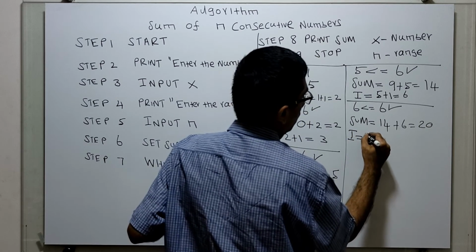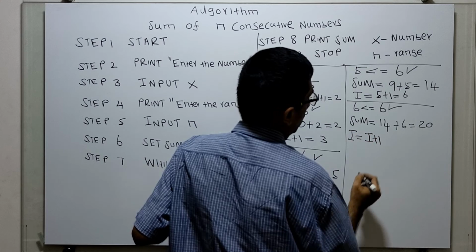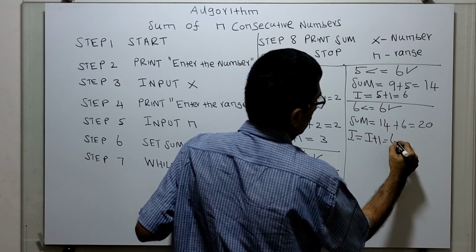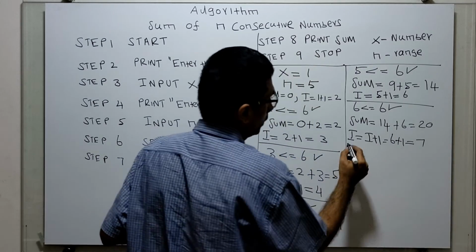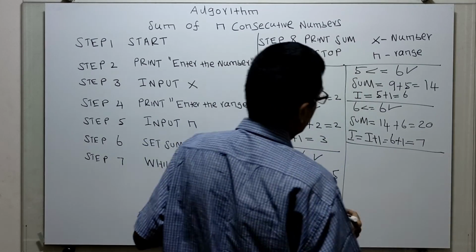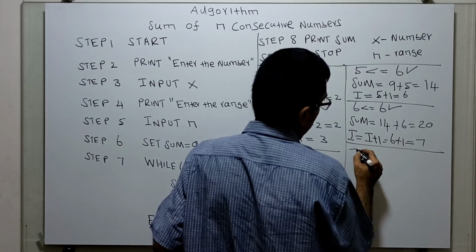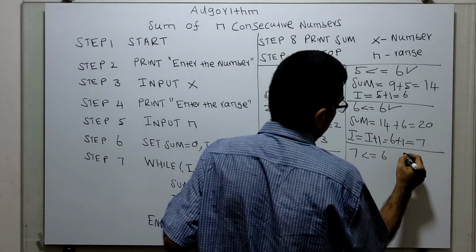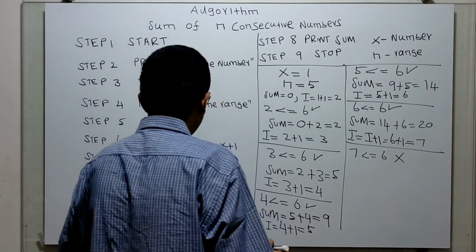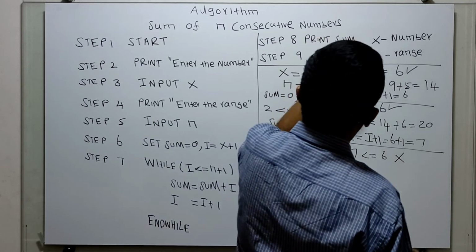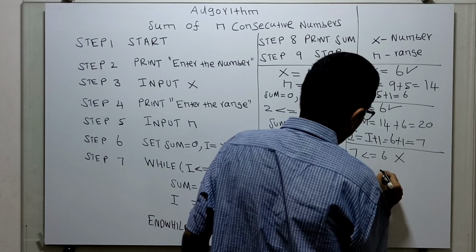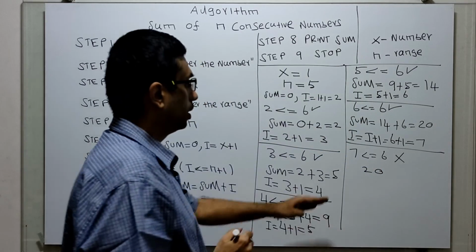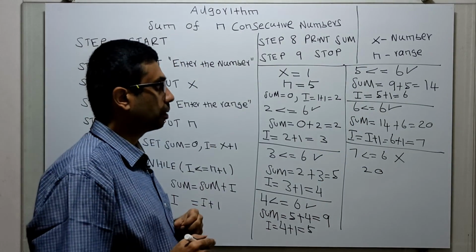I equal to I plus 1, that means 6 plus 1, which is equal to 7. Next iteration, it checks the condition. 7 less than or equal to 6 is false. It comes out of the while loop and prints the sum. Sum is 20, my output, and this is the logical stop of the algorithm.